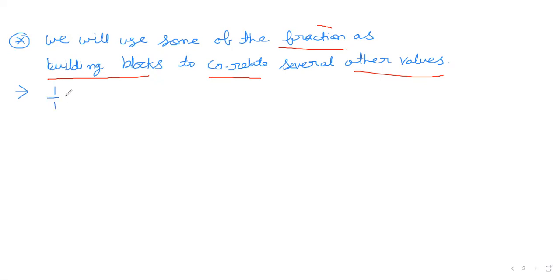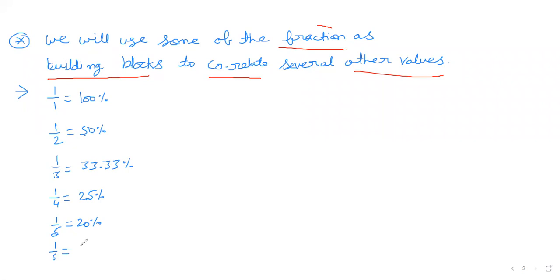Here we can see one by one fraction, the percentage we will write like 100%. 1 by 1 is equal to 100%. 1 by 2, easily we can write 50%. 1 by 3, 33.33%. 1 by 4, 25%. 1 by 5, 20%. 1 by 6, 16.66% or 16.67%.